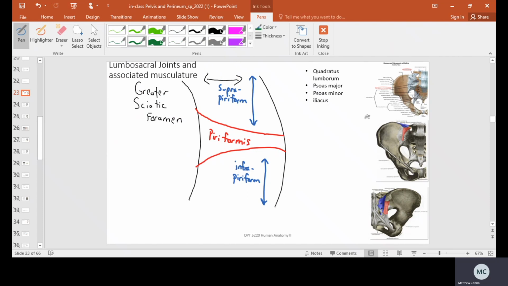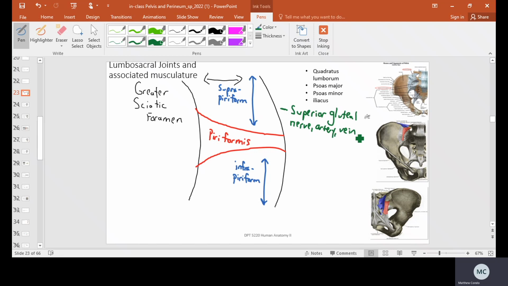I'm going to have certain contents that are going to be named based on their relation or their position to the piriformis. One of those is going to be the superior gluteal nerve, artery, and vein.